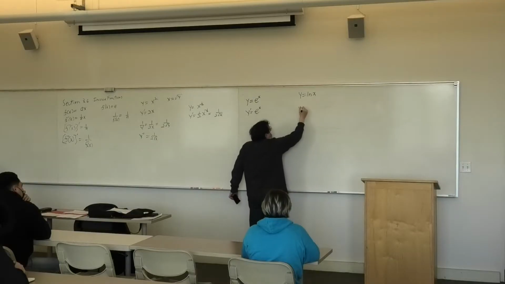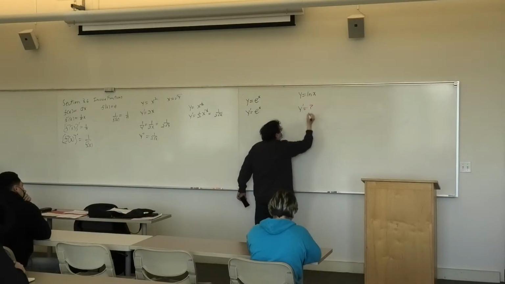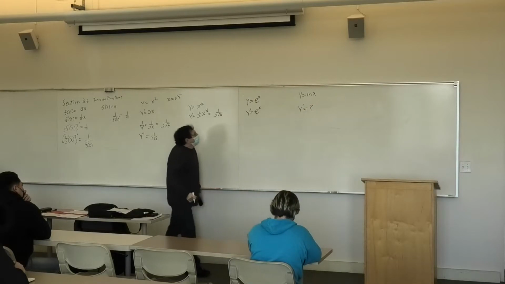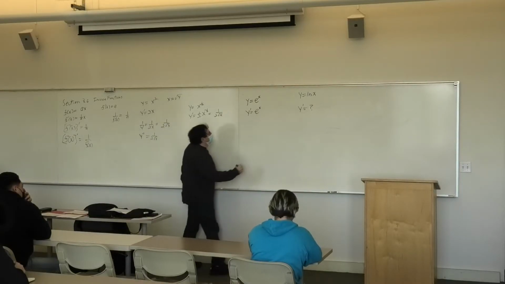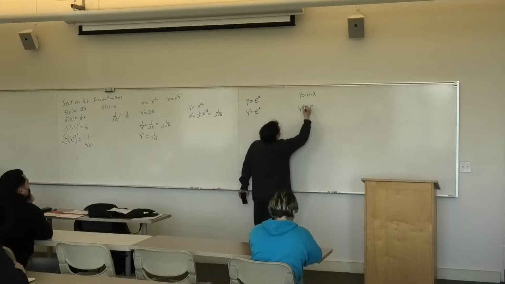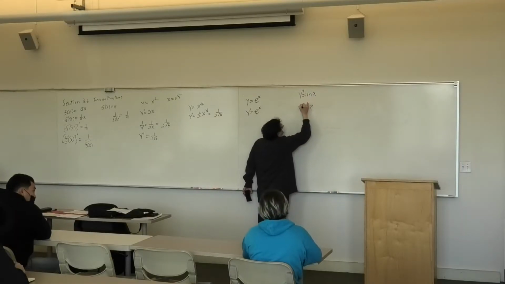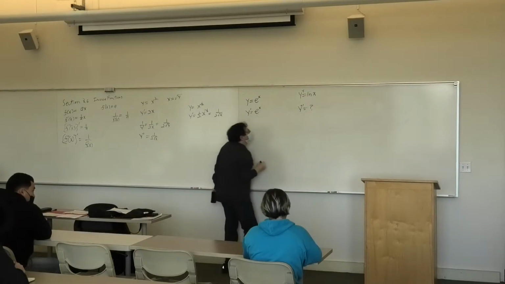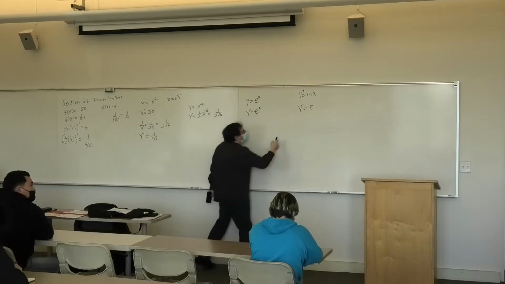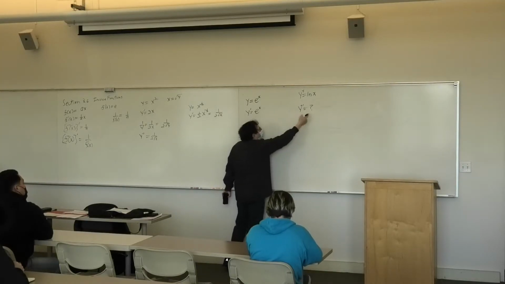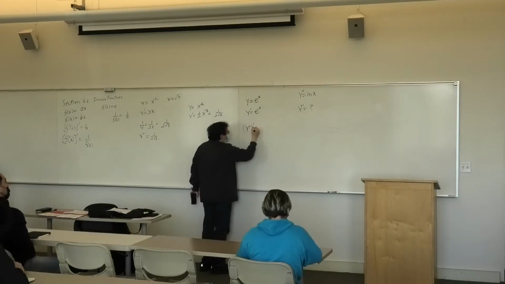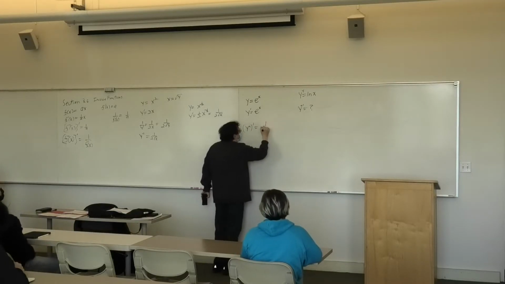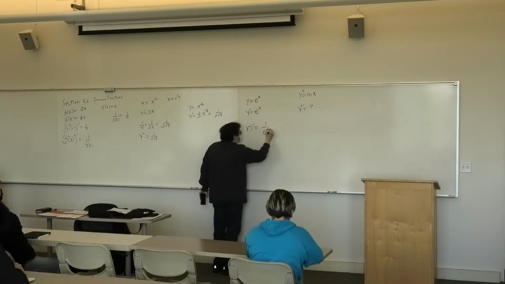We want to find the derivative of this. So this formula tells us that, I guess I need this here. Our formula tells us that the inverse derivative is 1 over the derivative of y.